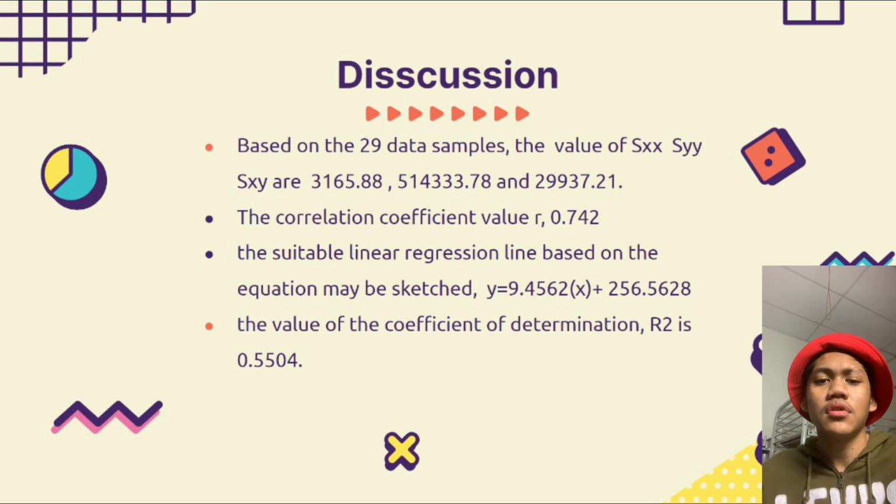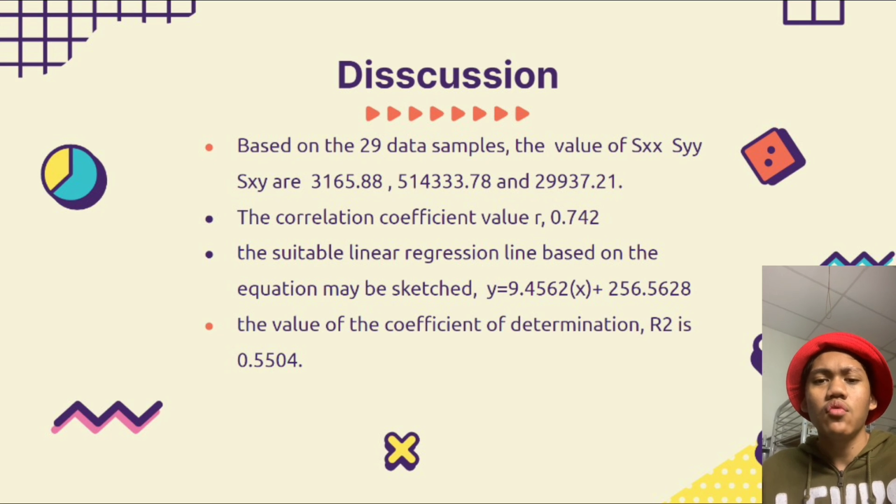From the solution, the values of Sxx, Syy and Sxy are 3165.88, 514,333.78 and 29,937.291, and these values lead to our sample correlation coefficient r, which is 0.742, in the range of a strong positive linear relationship.